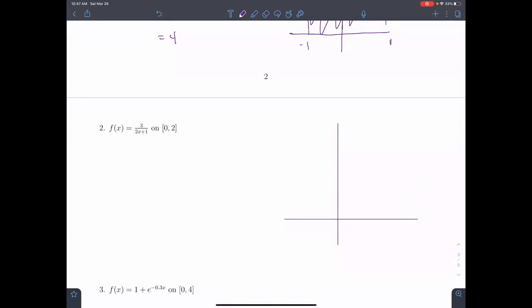This one, we're looking at the graph of 3 over 2x plus 1 on the interval from 0 to 2. So this is 2. This looks like it's about here, and then this looks like this.